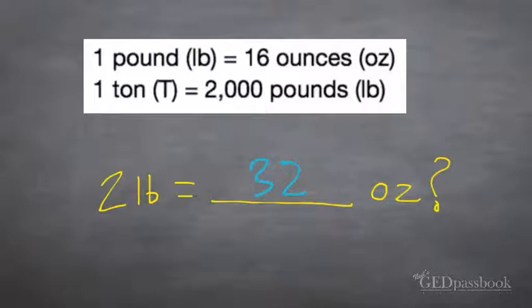How did we get that? Well, you guys should have remembered from yesterday. You always want to ask yourself how many there are in 1 pound first. As in, how many ounces are in 1 pound? Well, it says it right there already for us. It is 16.